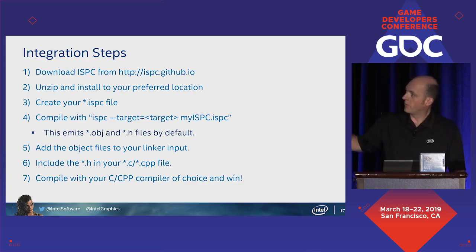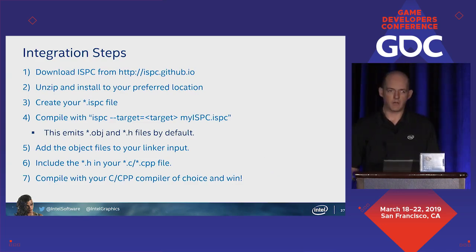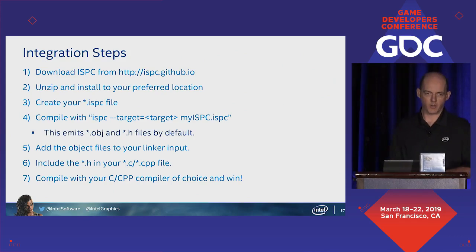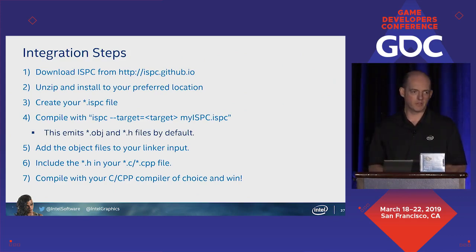And really, with this slide, we just wanted to show you how simple it really is to get going with ISPC. We've got a whole bunch of online material that you can have a look at, but go to the website, download the binary, install it wherever you need on your path, and create your ISPC kernel. Typically, it'll be a .ispc file. And number 4 here shows what you do. You call the ISPC executable. You pass in a target of perhaps AVX2.